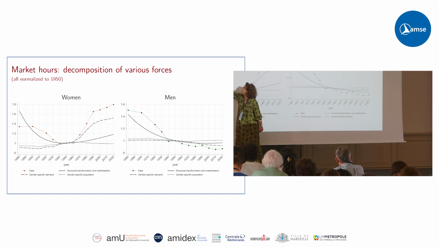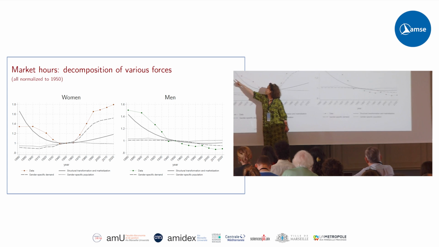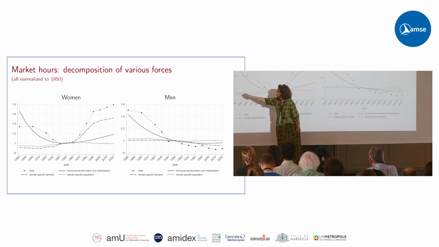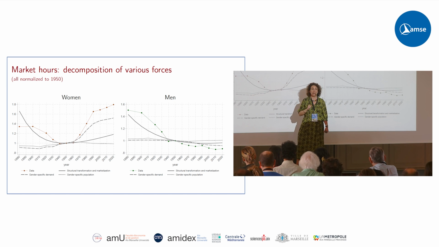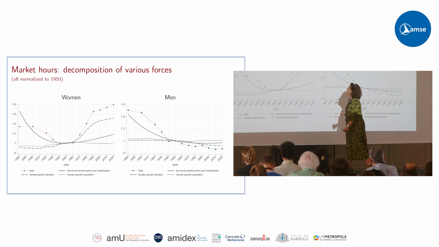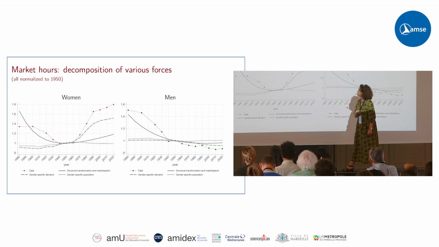This could be the only force that generates the fall in female hours in the early period. There is no other force in this economy that can generate that. In particular, if you look at gender-specific factors within sector, if anything, they produce constant or even rising female hours. So this kind of intersectoral reallocation is the only thing that can explain the fall in female hours in the first part of the sample.